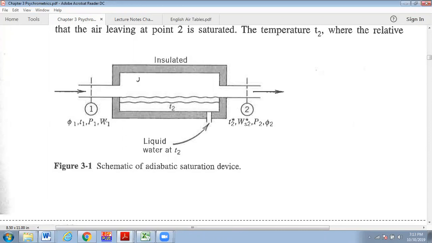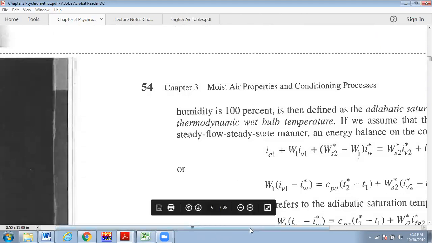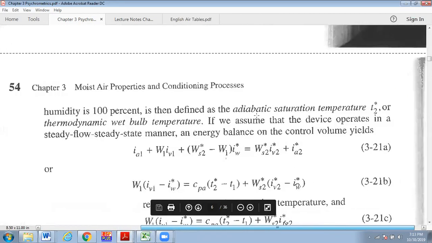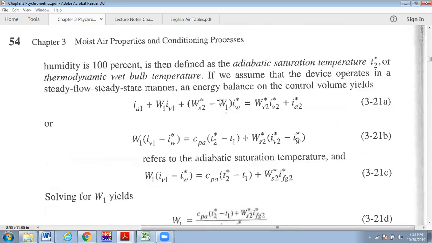And there's your humidity ratio coming in. This is where we're adding the water, and this is the exit. He uses this star to indicate that those states are at the adiabatic saturation temperature, or the thermodynamic wet bulb. So here's the basic balance.